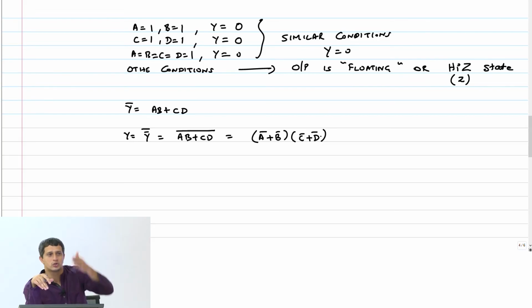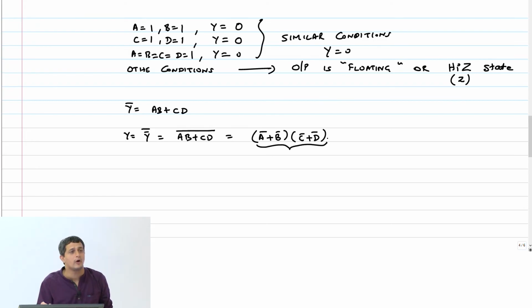So there is no path for the current from VDD to ground in any of the input combinations. By design, that's what has happened. So now we need to go ahead and implement this function in our pull-up network.